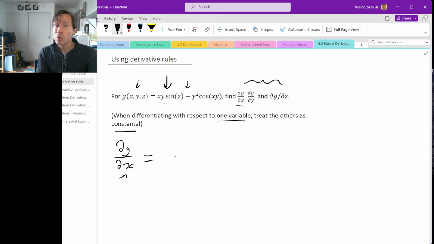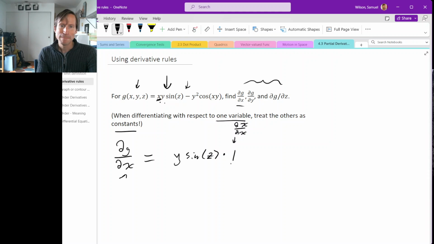So because y and z both act like constants for this derivative, we can just slide them outside of the derivative. So y times sine z, and then take the derivative of the one piece that's left over, which is x. So what we need to write down right here is the derivative with respect to x of x, so partial x, but remember partial x is 1.